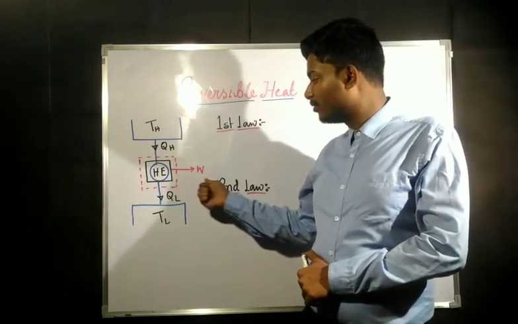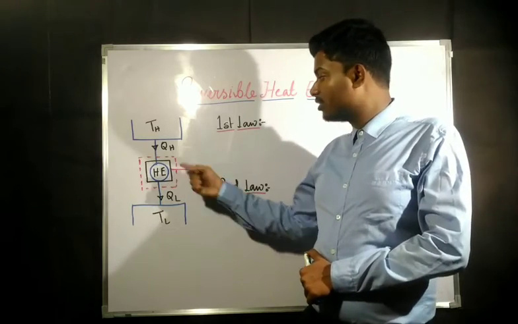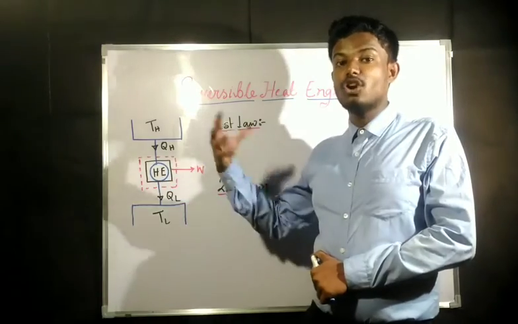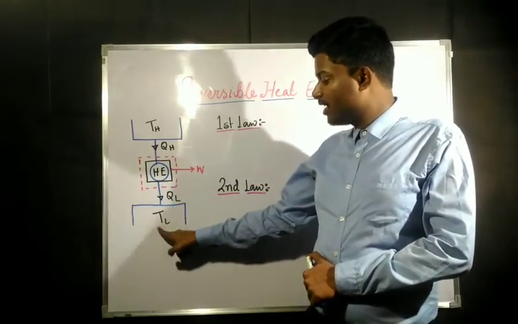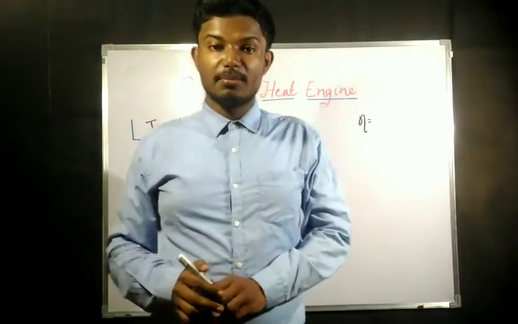That is the reason only some of the work is taken out, the work converted from this heat, and the remaining heat, which has not been converted from low grade energy to high grade energy, is deposited to the thermal reservoir with lower temperature.